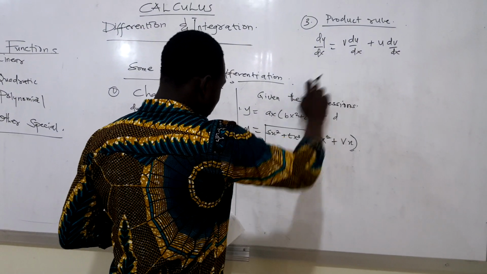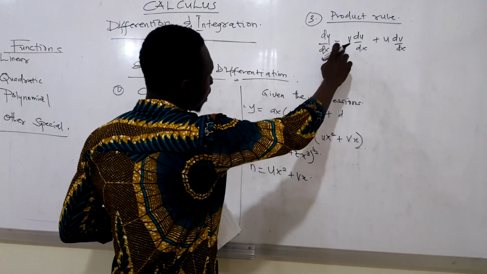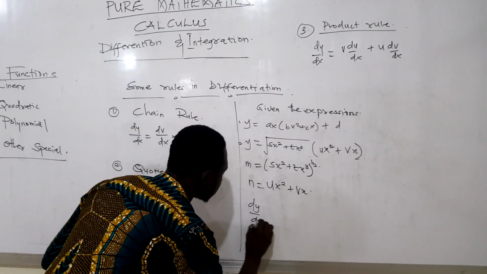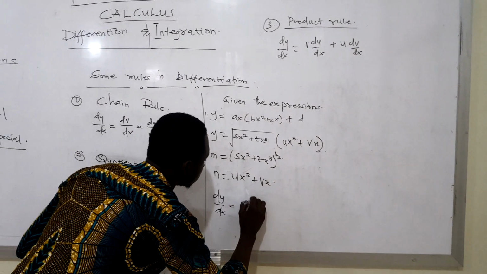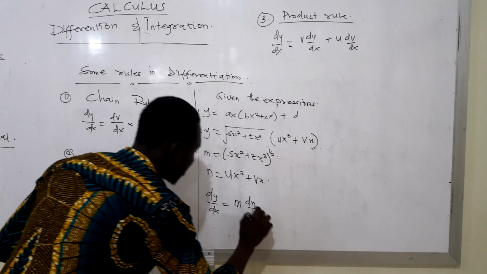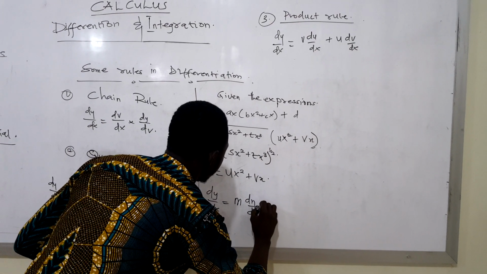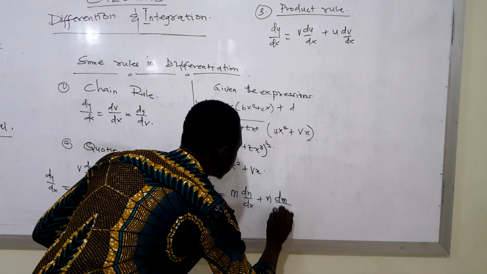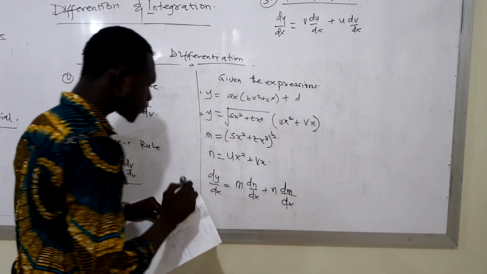Now with the product rule, to find dy/dx, we are going to use v, and in this case I'm representing m. So my dy/dx is equal to m dv/dx plus v dm/dx.